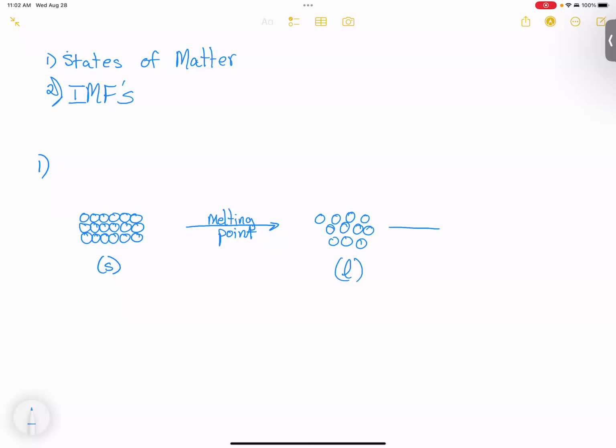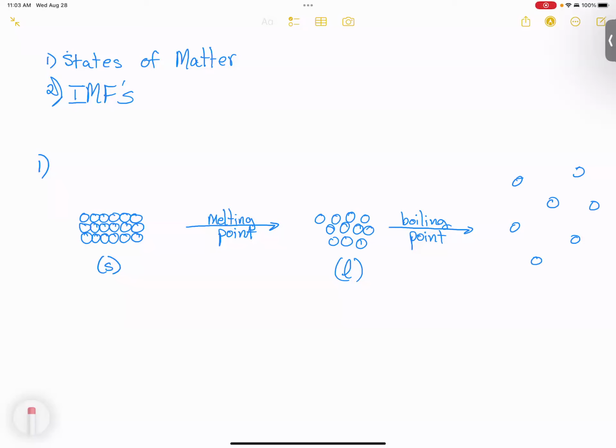After the liquid, you have your boiling point. And at that point, all of those forces in between the compounds are completely broken. And they no longer know that each other exists, in an ideal gas situation.